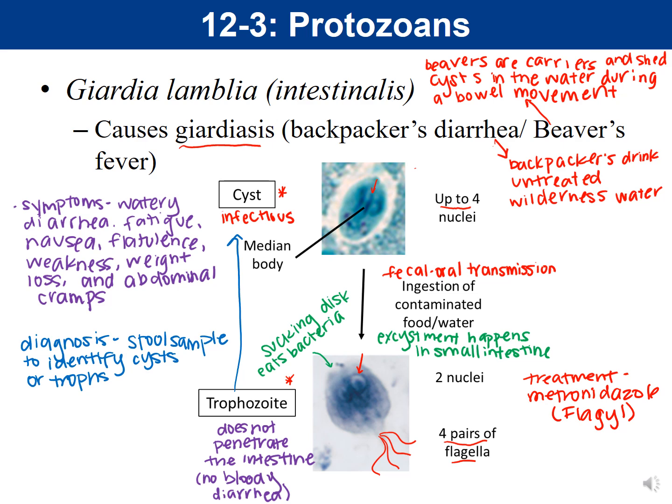Cysts are instantly infectious once they leave the host through the feces, and an infected person might shed between 1 to 10 billion cysts daily in their feces, and this can last for several months. So this can be highly infectious. And so that is everything you need to know for Giardia lamblia.